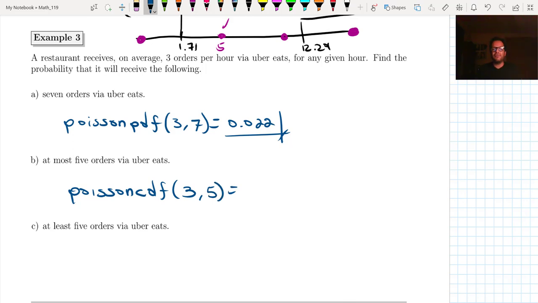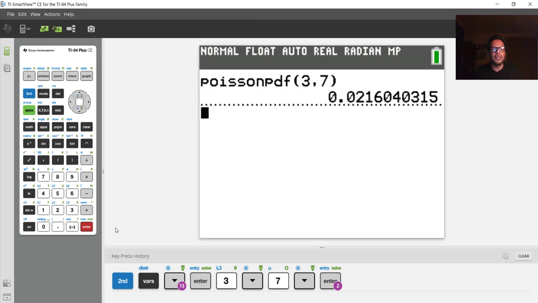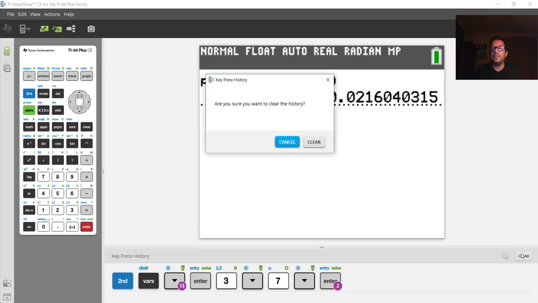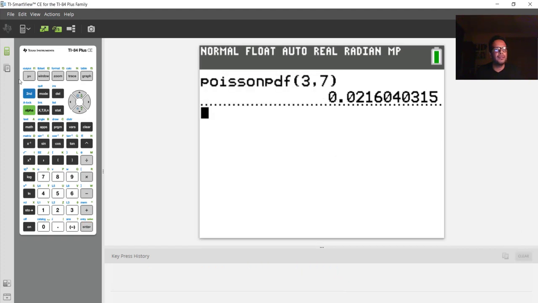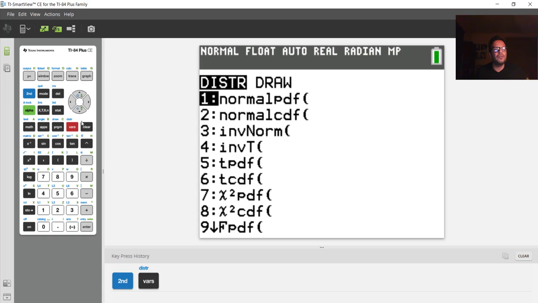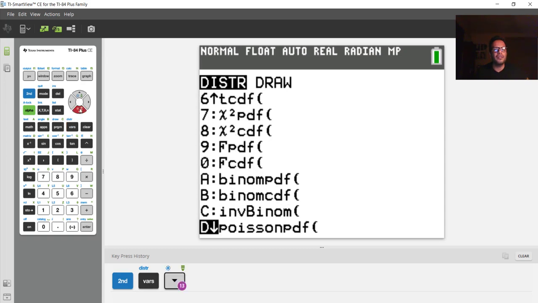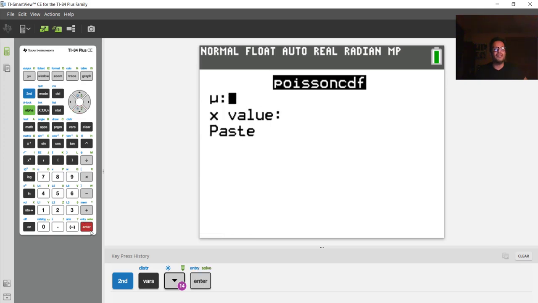Okay, let's go to the graphing calculator and let's clear the history. And second distribution, let's go check the Poisson CDF this time. The average is again 3. The x value will be in this case 5.